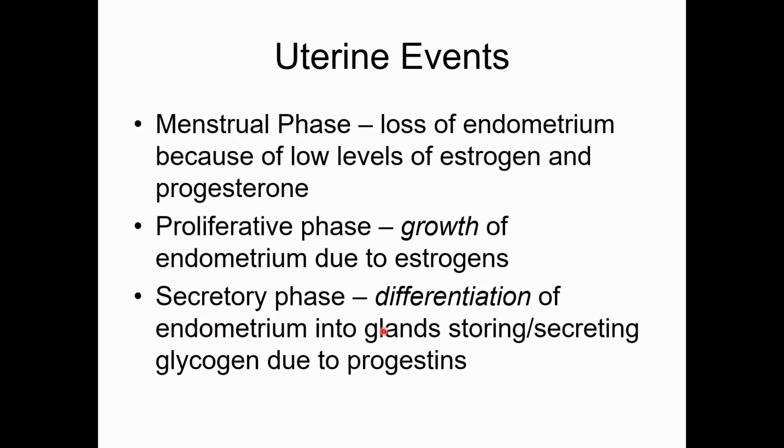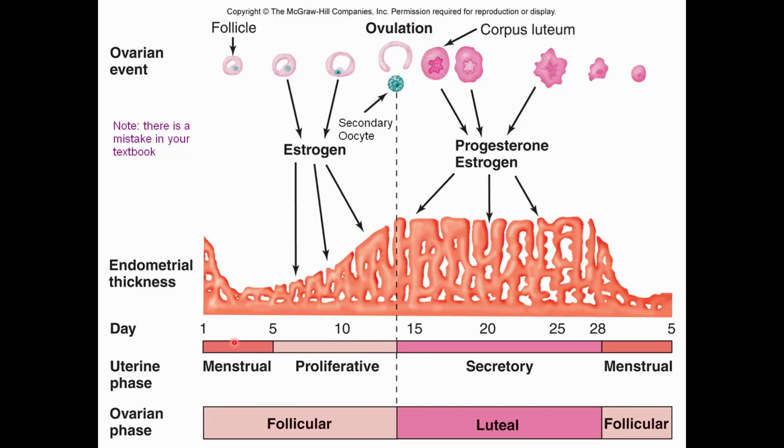And what happens is the endometrium is literally turned into a gland, and that gland stores and secretes glycogen. Now, why would we want to store glycogen in the endometrium? Because in case there's a fertilization, that embryo is going to implant, and that embryo has to have food to live on while the placenta is being developed.